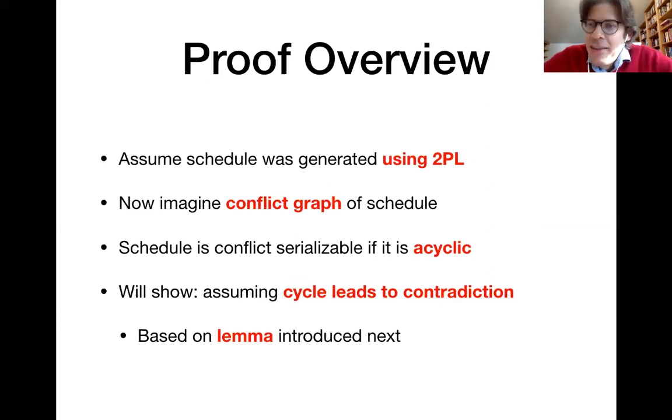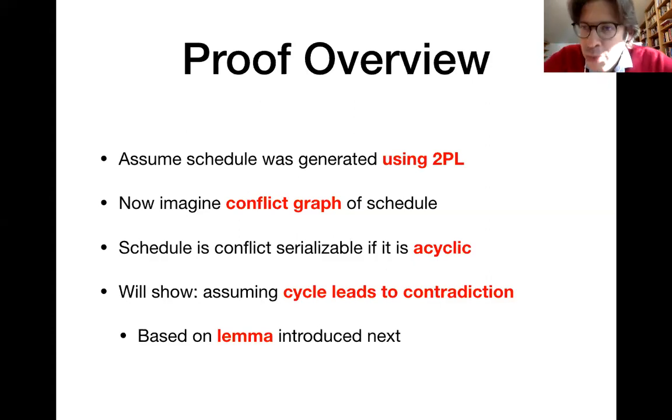Because if it has a cycle in the conflict graph, it means that it is not conflict serializable, as we have seen before. Now, in the following, we will essentially prove that if a schedule was generated using two-phase locking, it cannot have a cycle in the conflict graph, and therefore it must be conflict serializable.